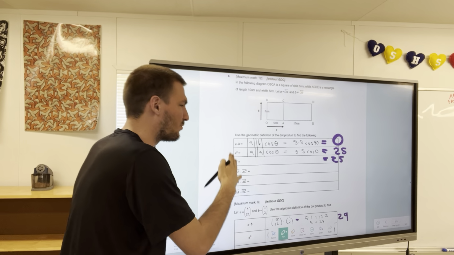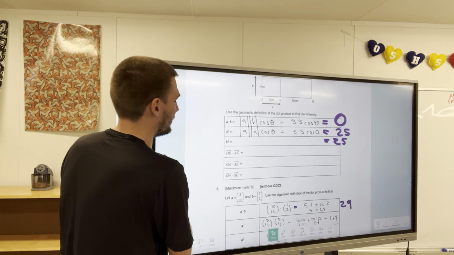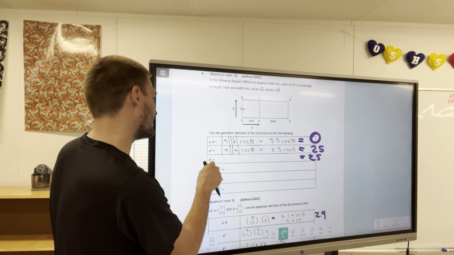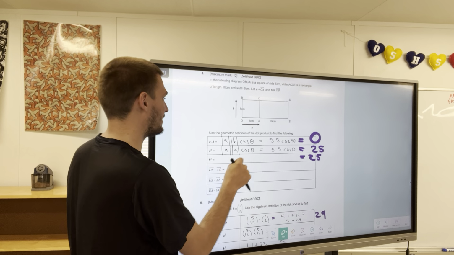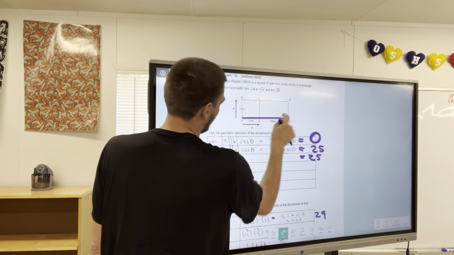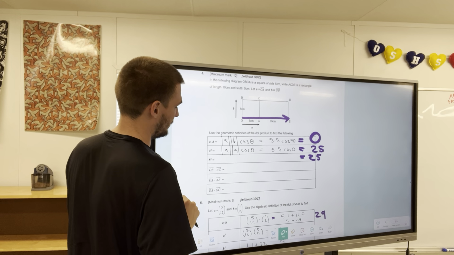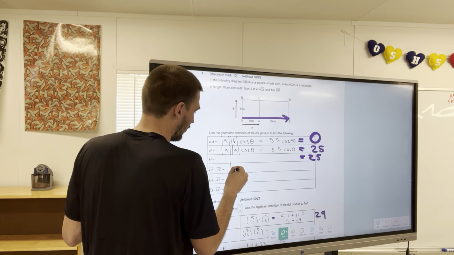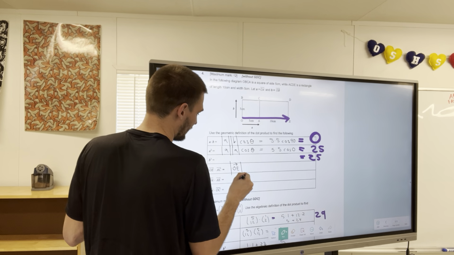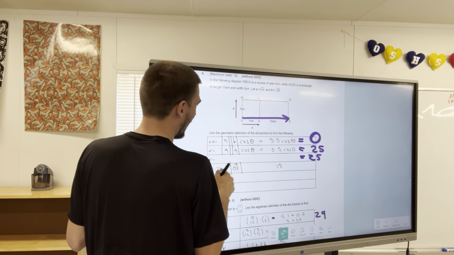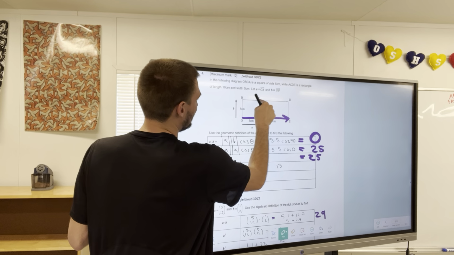Now here we have some more complicated dot products. We're at the very end here. Let's just do one of these questions: OE dot product with AC. OE is this one. What is the magnitude of OE? 15. It's not very hard. AC is this one.